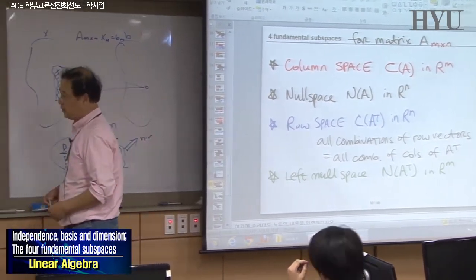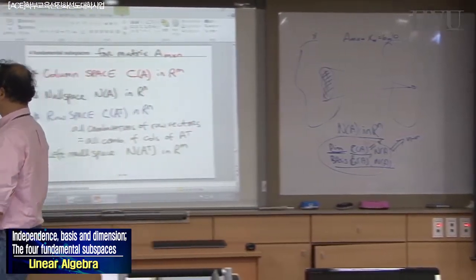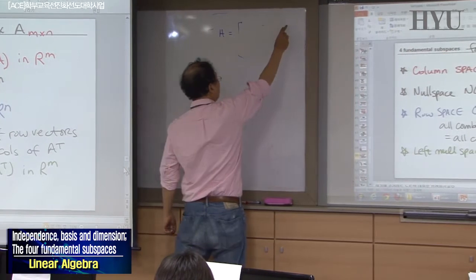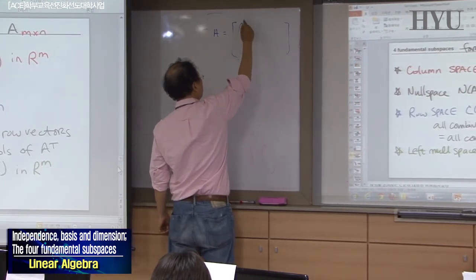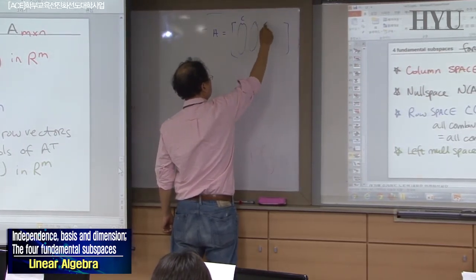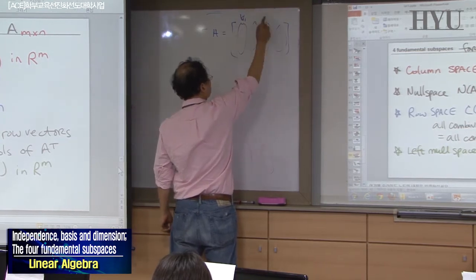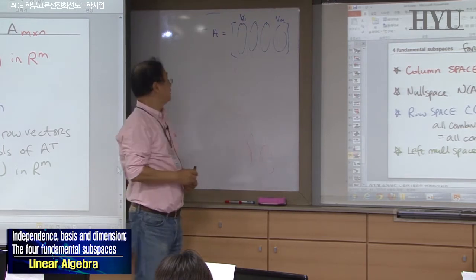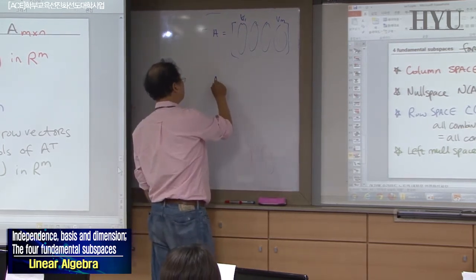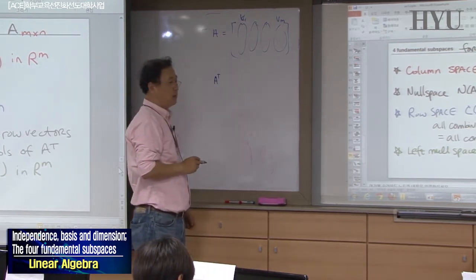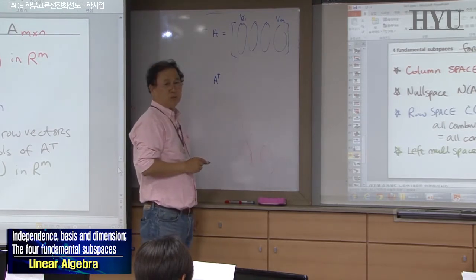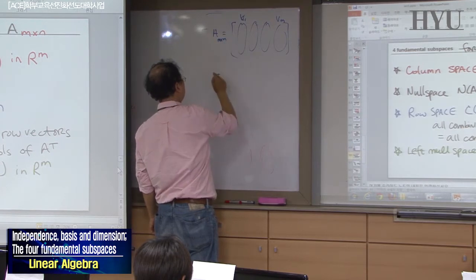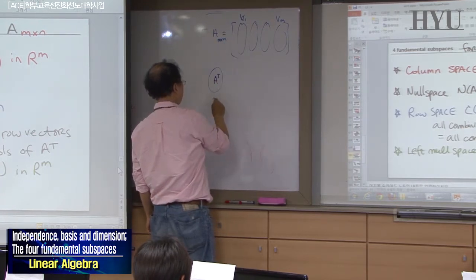When you have A, which is m times n, with column vectors V1 to Vn, the transpose is now n times m.